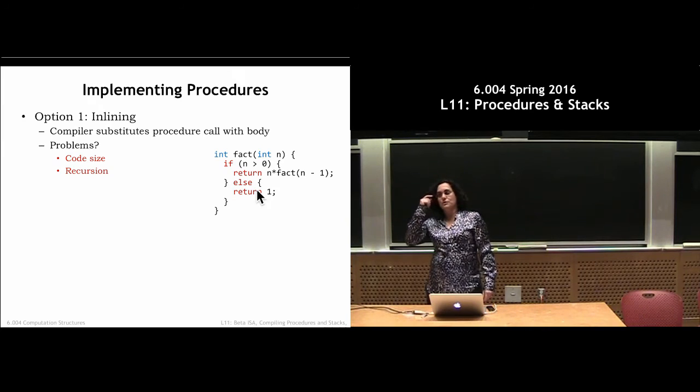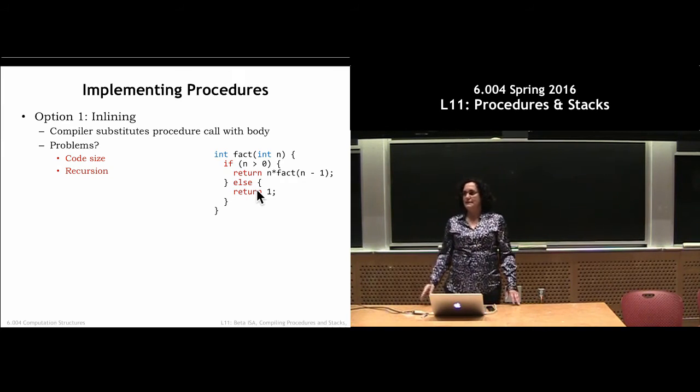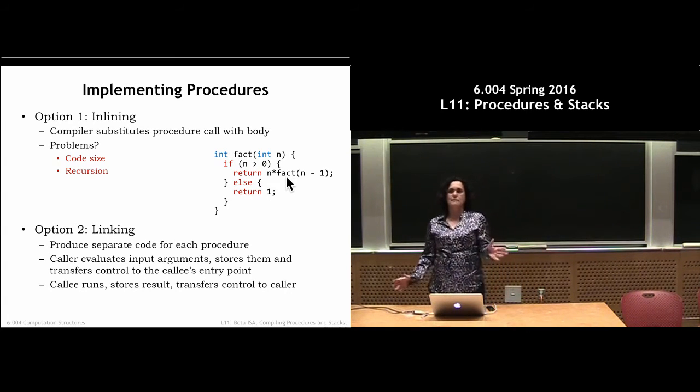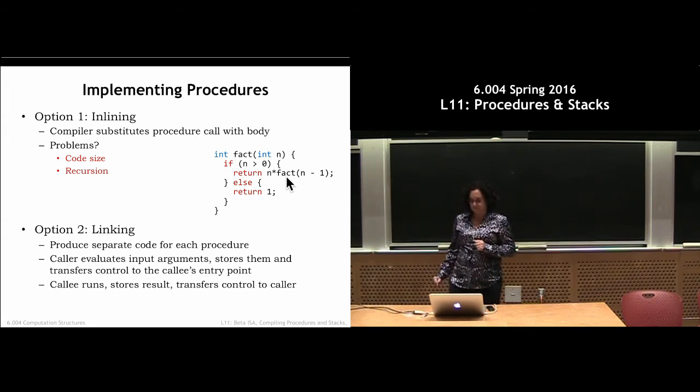If you were to try to translate this by inlining, you would end up with a situation where your translation never ends, right? Because you would inline this first factorial, but then within that you'd have to inline this factorial, and within that the next one, and so on and so forth. Okay, so we have to come up with something that works better than that.